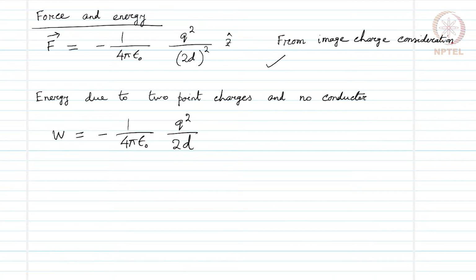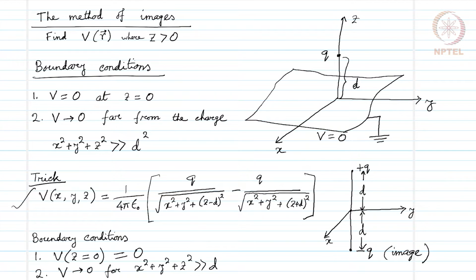So, what we have found using images here, for this kind of charge distribution, that is plus q original charge and minus q image charge, the electric field is in all space. But in the original problem there is only plus q original charge and an induced charge distribution on this plane such that the potential is 0 on the plane and everywhere below the plane the potential continues to be 0 according to Laplace equation.